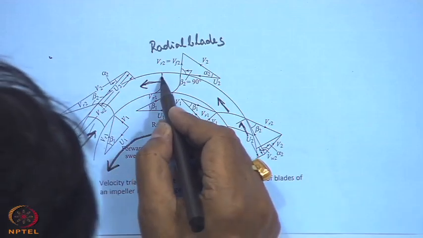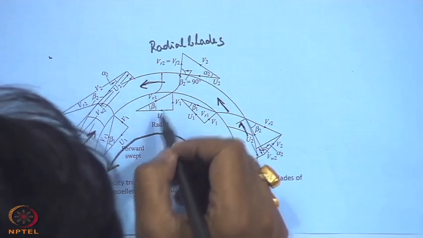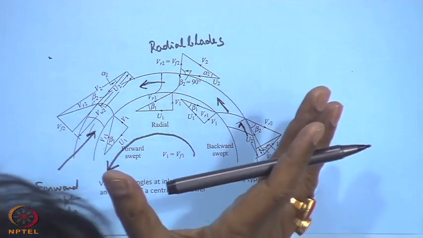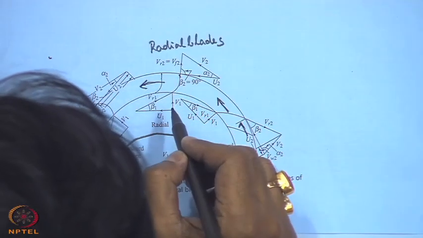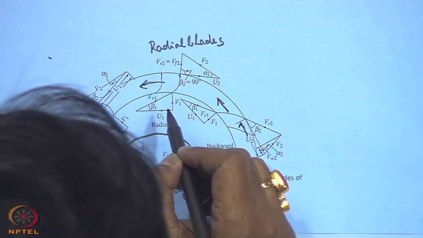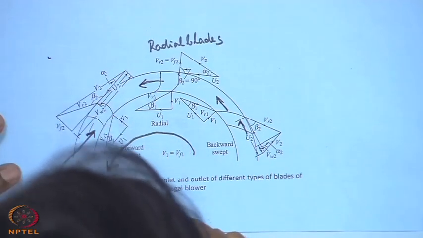Whereas radial blades are preferred where the fluid, that is air, contains more impurities and dust. This is because these are less prone to blockage and they work more efficiently with dust laden gas. Therefore, these radial blades are preferred for that.